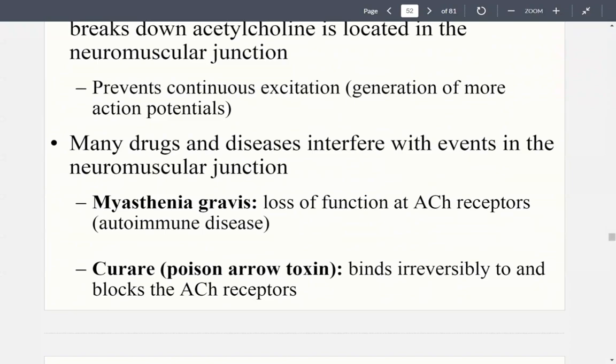There is also a poison arrow frog toxin known as curare, and this binds irreversibly to and blocks those receptors. When something binds irreversibly, it means it does not matter what you do. It will never let go.